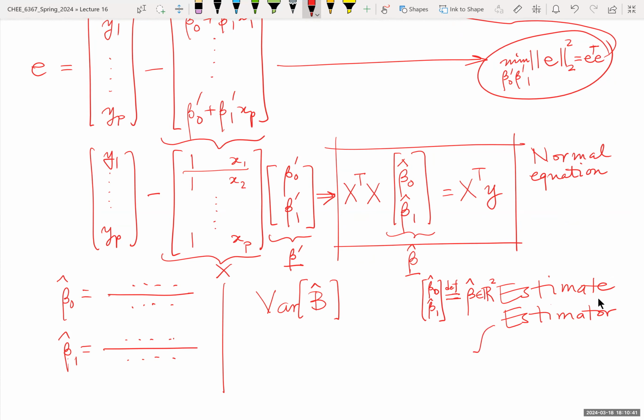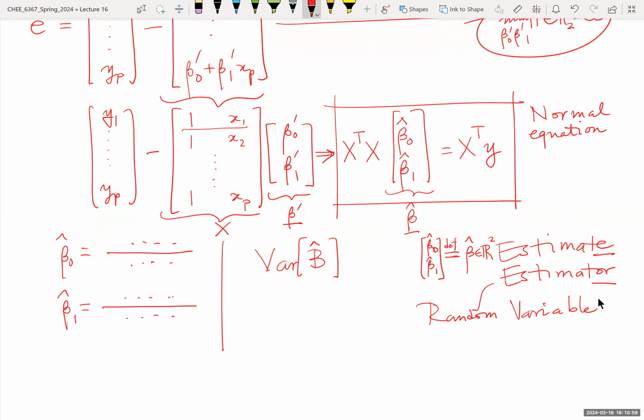An estimator is a random variable. So estimator versus estimate, a random variable. In what sense is this a random variable, beta capital hat or B hat?